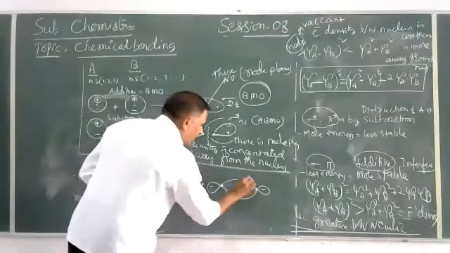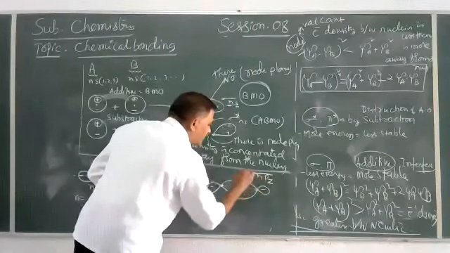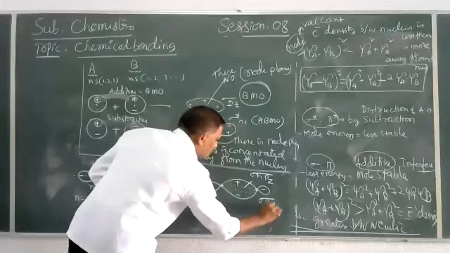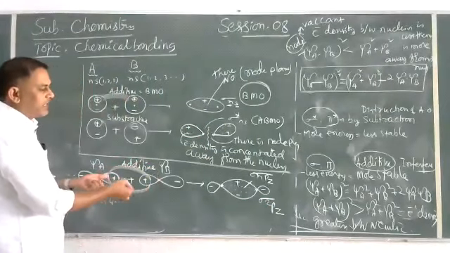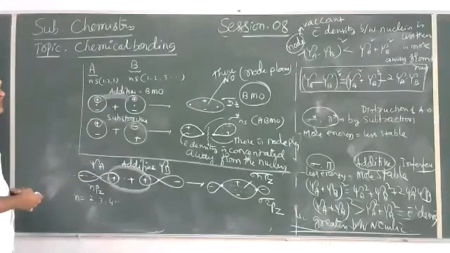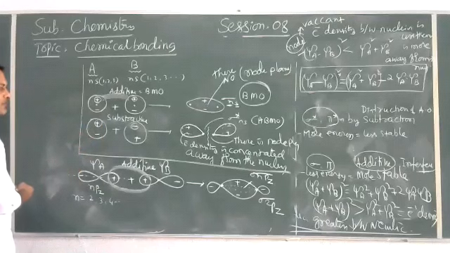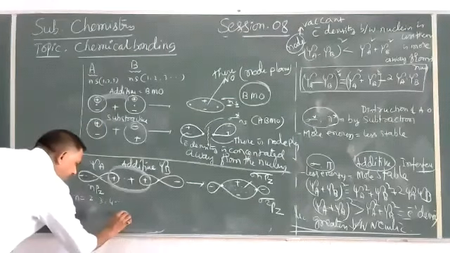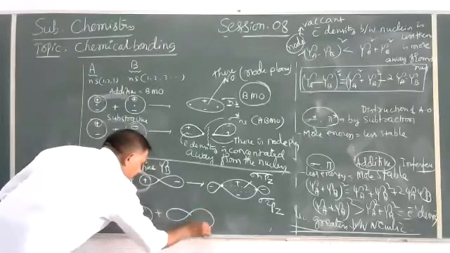That's why it is the sigma npz, that is sigma 2pz or 3pz, 4pz, and so on. If it is subtractive or destructive interference, opposite lobes are present here.